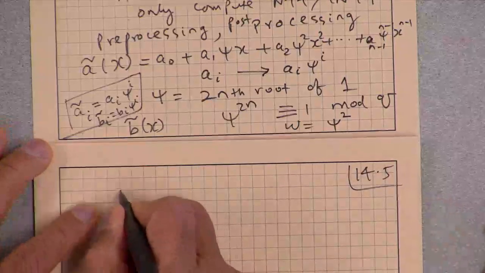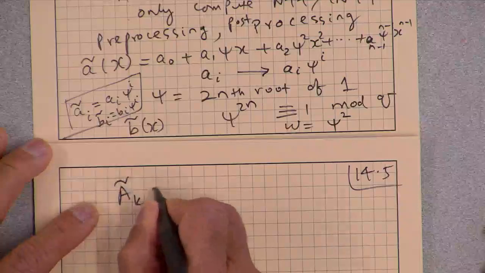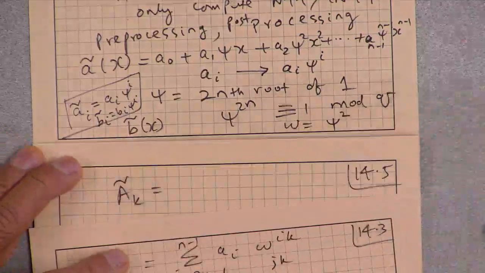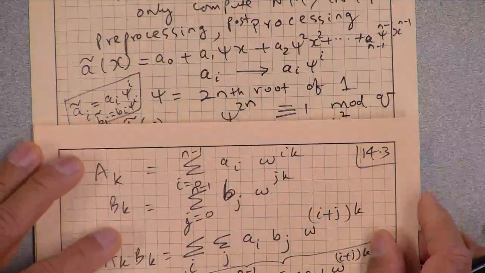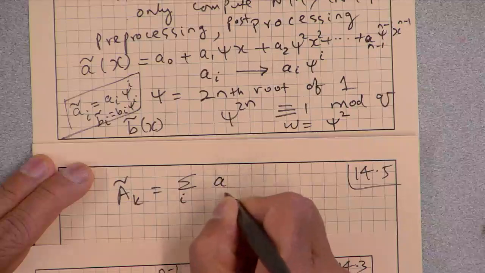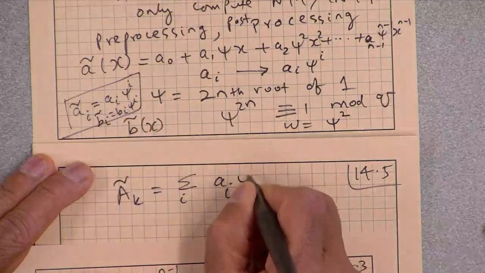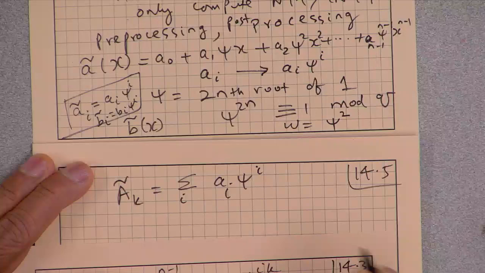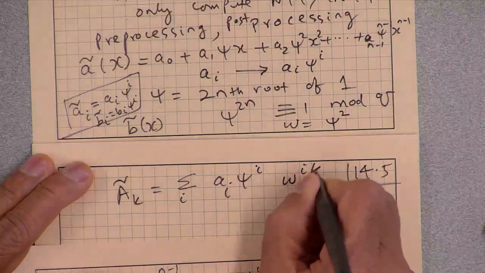A k tilde is equal to the sum over all i of A i psi to the power i, that's our coefficient, multiplied by omega to the power i k.